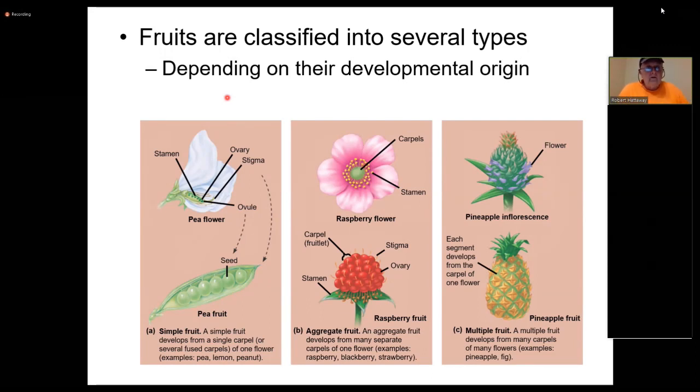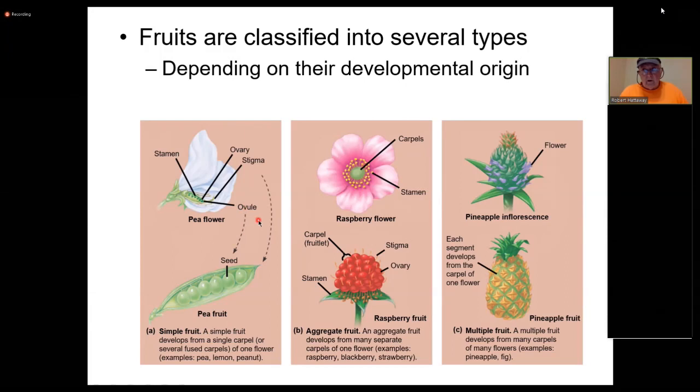What I'm trying to tell you is that when it comes to flowers and fruits, there is no more difficult concept to grasp than the fruit types and the inflorescence types. They're very difficult to get a handle on, and the best way to get a handle on them is to go through a dichotomous key. So if you didn't get those page numbers, I can give them to you in an email again.